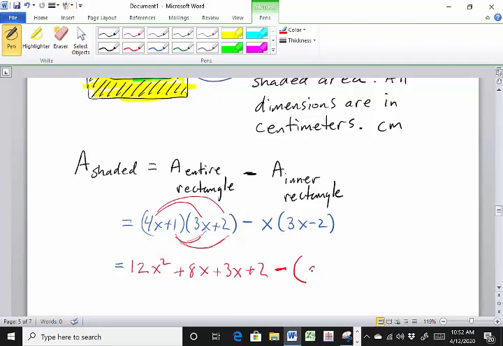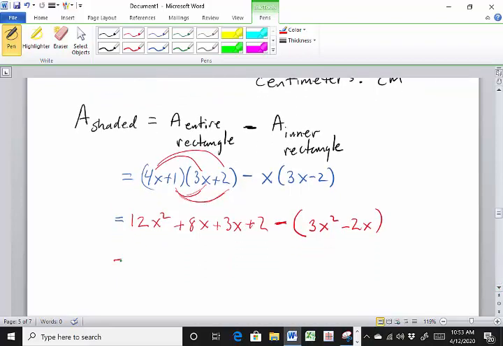So x times 3x is 3x squared. X times minus 2 is minus 2x. Okay, so that equals 12x squared. I'll just combine these two right now, plus 11x plus 2, and then take the opposite of everything in the parentheses, so subtract 3x squared plus 2x.